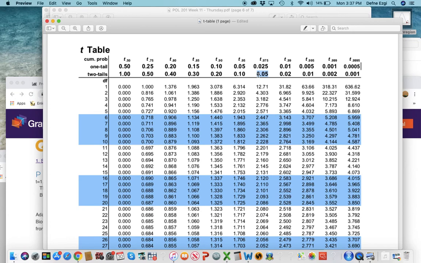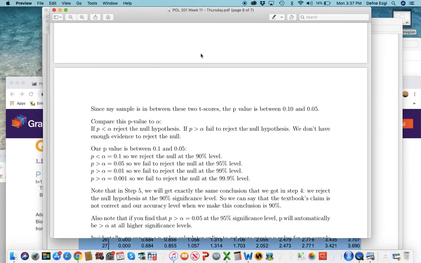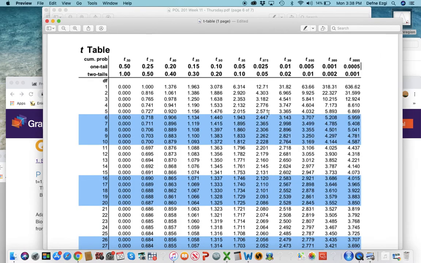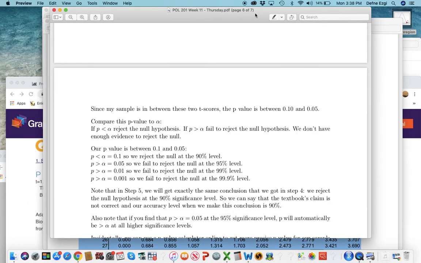It's some value less than 0.1 and some value greater than 0.05. Even if you use the t-table, which is not super precise, you'll get to the same conclusion, right? So this t-table is designed to be detailed enough to give you conclusions when it comes to the classic significance levels, 90%, 95%, 99%, and 99.9%.